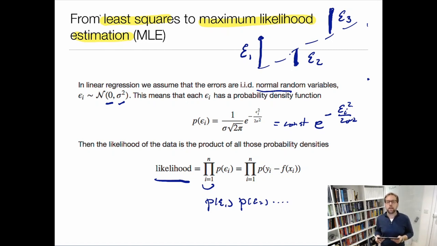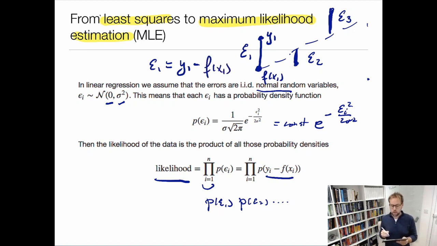In any case, epsilon i I can now replace with y minus f of xi, because I know that this point at the bottom here is just f of x1, and this at the top here is y1. So the difference epsilon 1 in this case is nothing else than y1 minus f of x1.